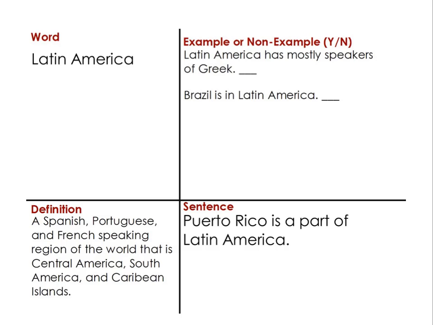A Spanish, Portuguese, and French speaking region of the world, that is Central America, South America, and Caribbean islands. Let's read the sentence. Puerto Rico is a part of Latin America. You do example or non-example.